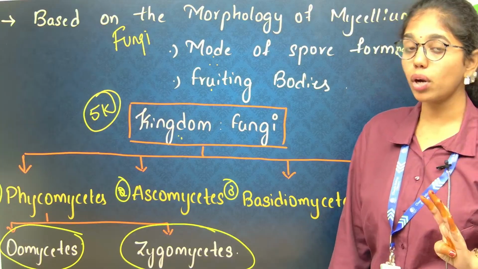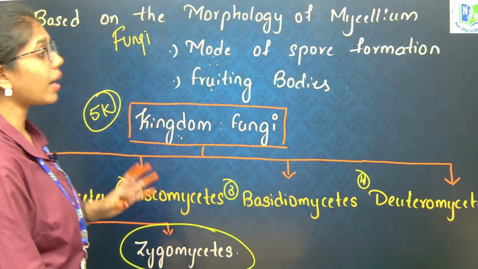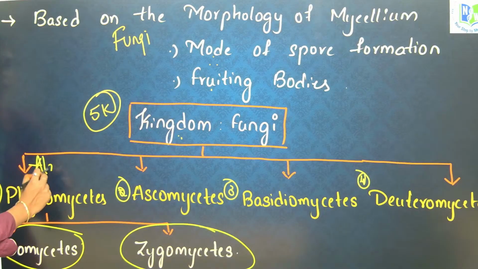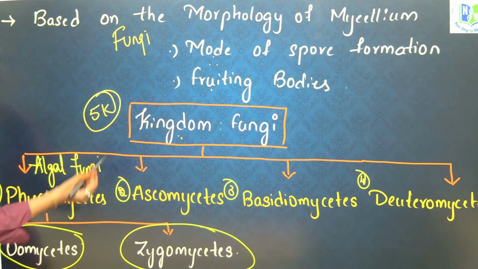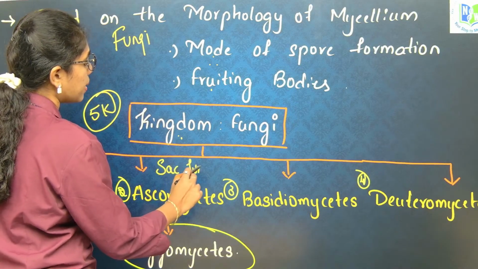Amongst all these classes, which is the most primitive fungi? The primitive fungal class is Phycomycetes, which is algal fungi. Ascomycetes are sac fungi.